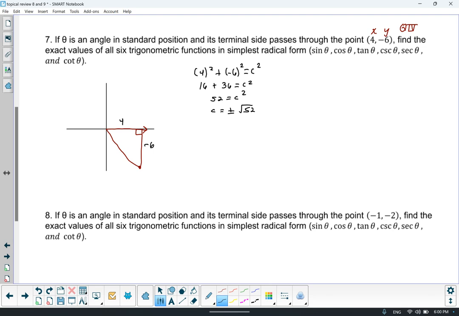Because it's the hypotenuse, it's always positive, and I can simplify the square root of 52 further into the highest perfect square and the other number. 4 times 13 is 52, 4 being a perfect square, so c is equal to 2 square root of 13.